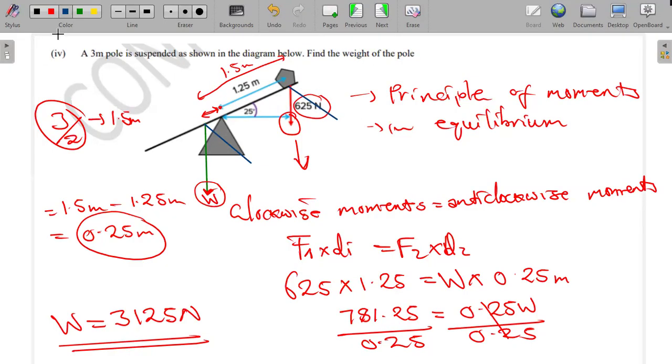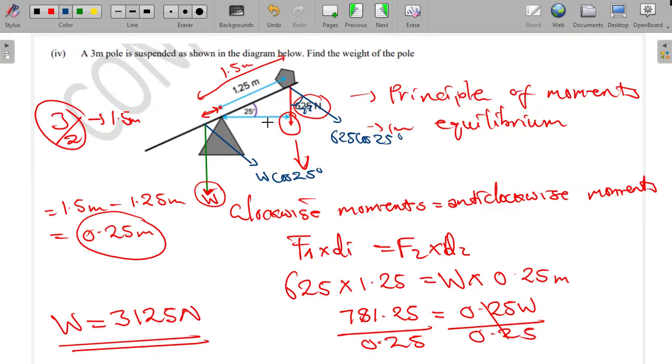That means this force here is also at 25 degrees, so we have 625 cos 25, and here we're going to have W cos 25. So we can use these forces if we want, but at the end of the day, we're going to arrive at the same answer.